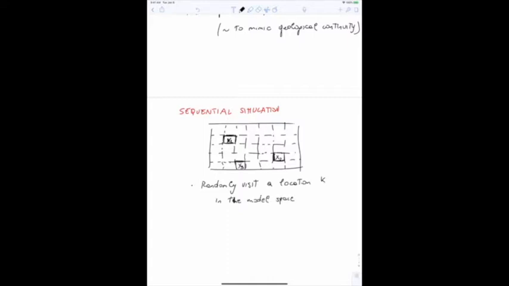So for example, we could pick this one here. So this is K equal 1.